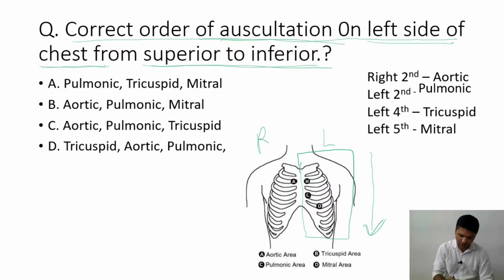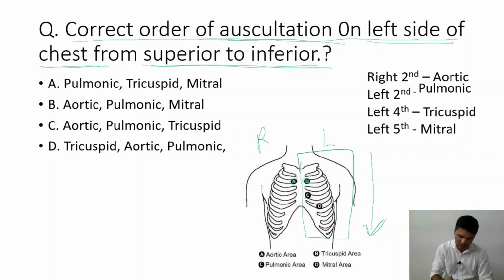We have the right second intercostal space as the aortic area, and the left second intercostal space we have the pulmonary area. Then in the fourth intercostal space we have the tricuspid area, and in the fifth the mitral.